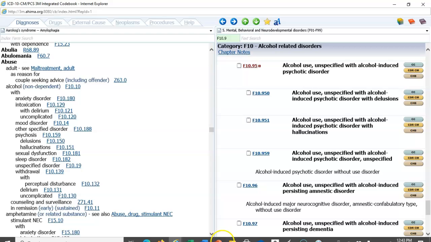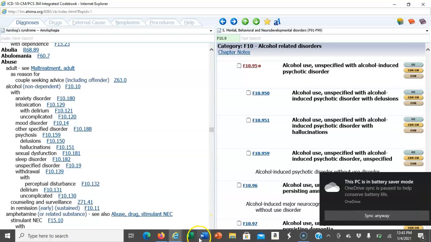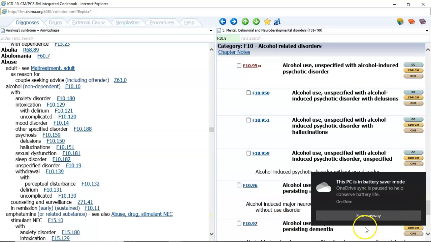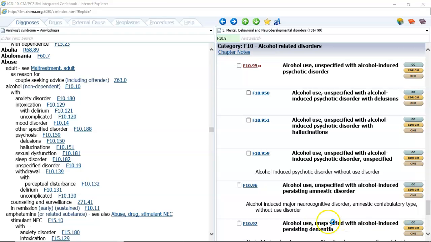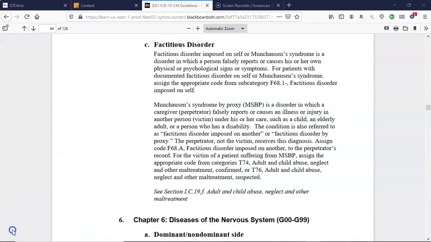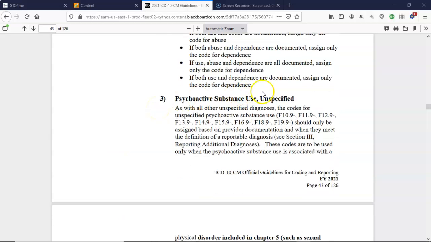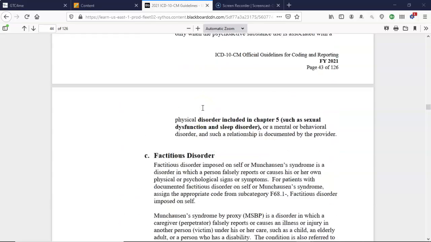Now, I want to show you a document that is a new coding guideline that's not included in your book. If you go to the chapter-specific coding guidelines and go to chapter 5, you'll see number C. And here is the psychoactive substance use unspecified guideline.